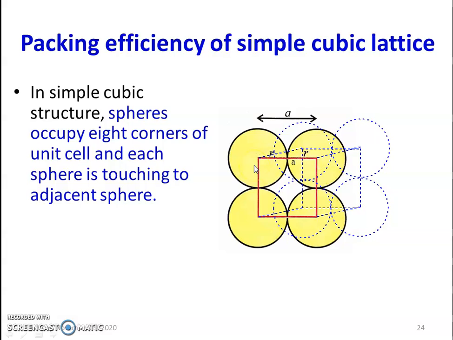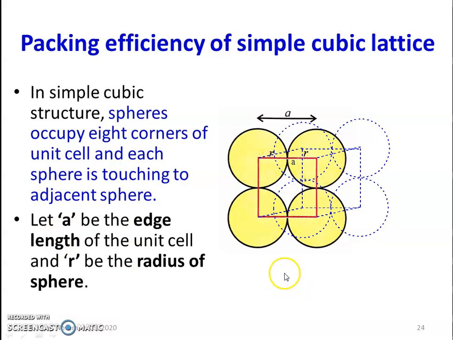Now here each atom touches the others, which is the most important thing. Suppose the edge of the unit cell is a, and the radius of the sphere is r. Then a is equal to 2r.